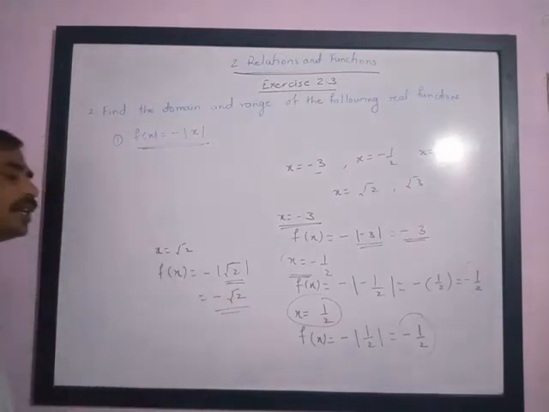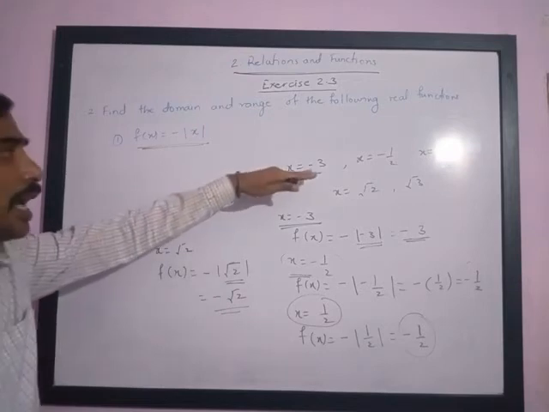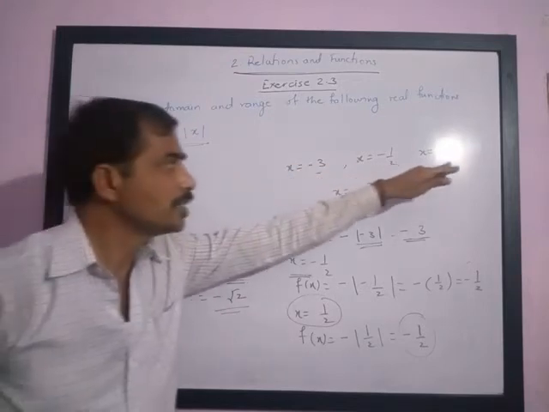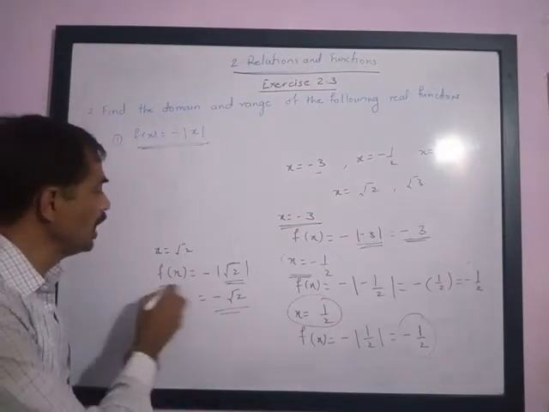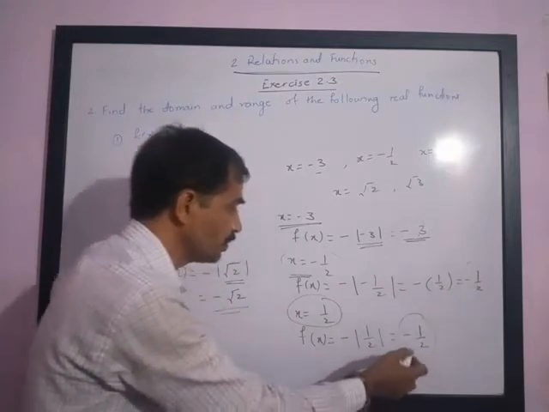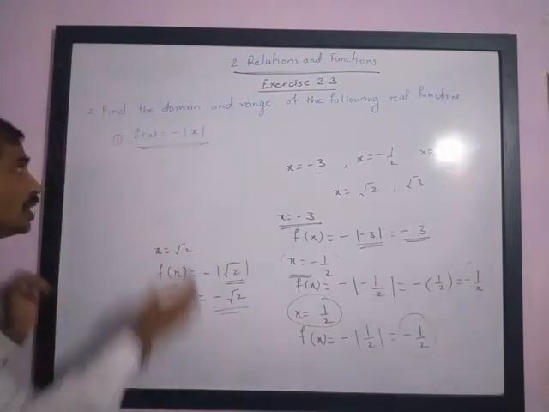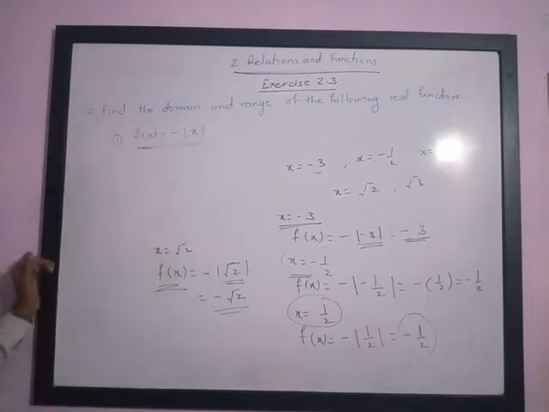Negative root 2 is again a real number. So whether x is negative, positive or irrational, in all the cases we get f of x negative. What does that mean? If x is negative or positive, f of x is always negative.